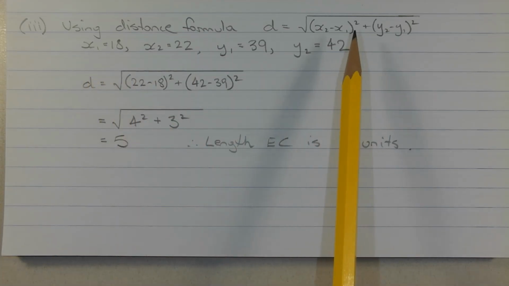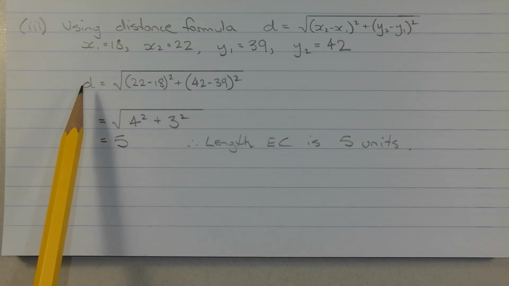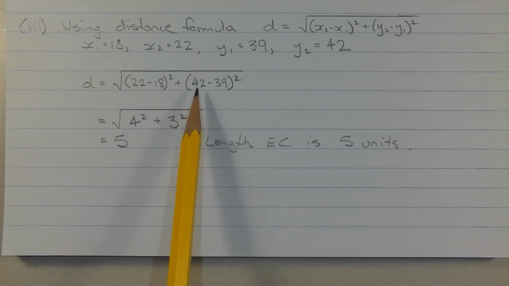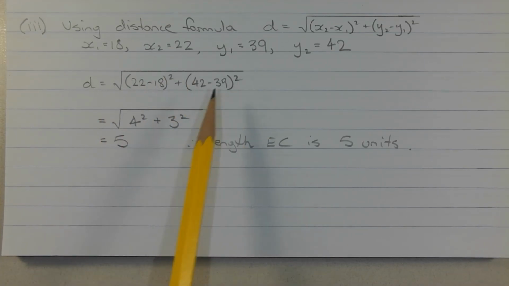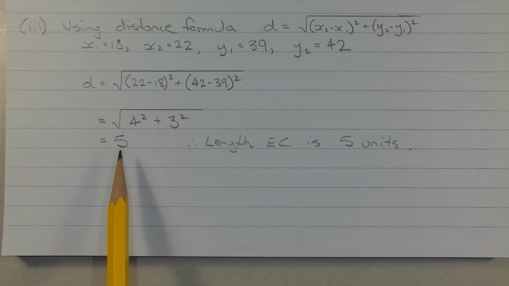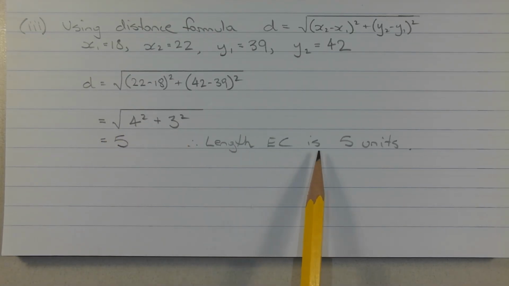Substituting these values for the corresponding variables there, we get distance d is equal to the square root of (22 minus 18) squared plus (42 minus 39) squared, which equals the square root of 4 squared plus 3 squared, which equals 5. Therefore, the length EC is 5 units.